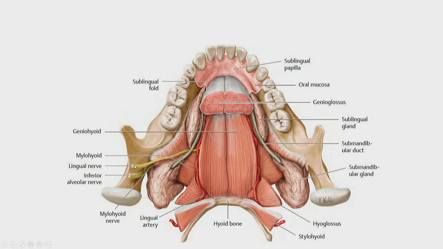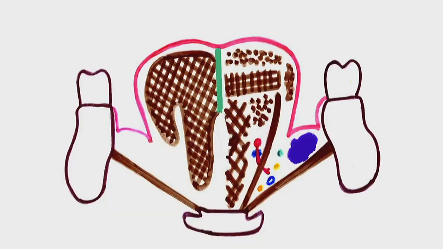And here, again, a very important topographical relation: this submandibular duct is crossed by the lingual nerve, and the lingual nerve in this region always crosses and goes under the submandibular duct. This is a schema of the sublingual region. I don't know if you can recognize it: this is the hyoid bone, this is the mandible, this is a tooth, and in the center here we have two muscles, the geniohyoid and genioglossus.